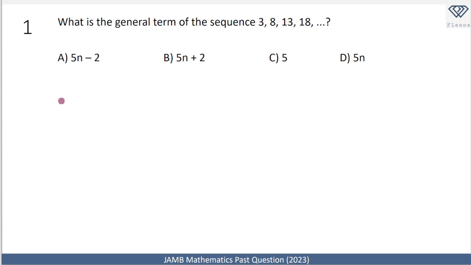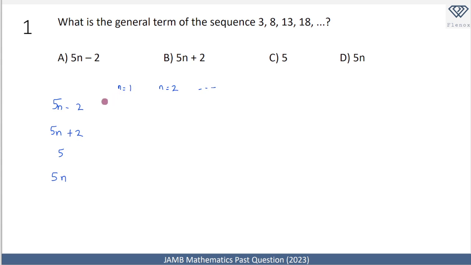So what I would do normally is to write down all the options, because that works in this case. So 5n minus 2, 5n plus 2, then 5 and 5n, and try to fit in what they are going to resolve to for n equals 1, n equals 2, and so on, and see which of them gives me this sequence, and that will be the correct option.